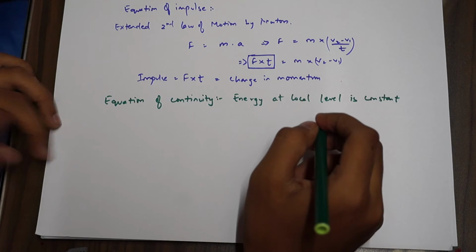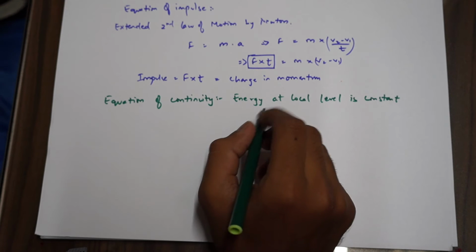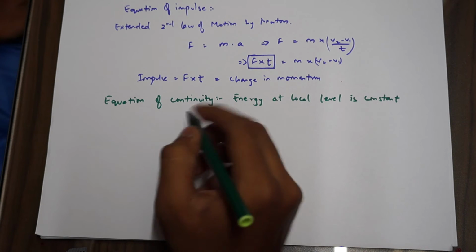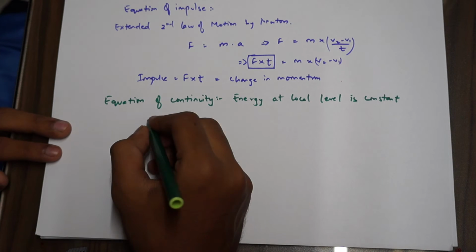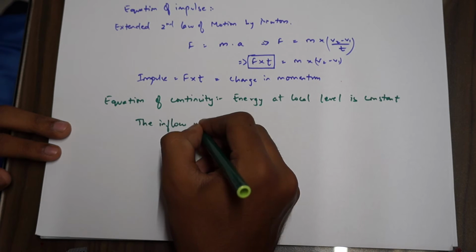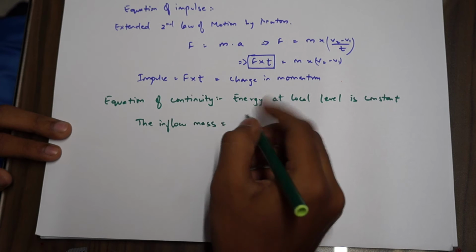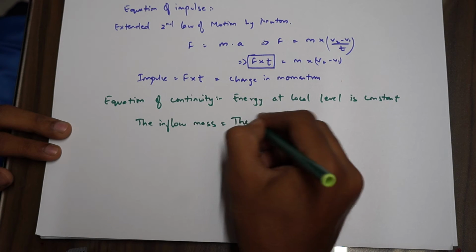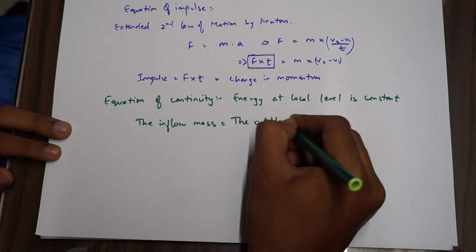Energy is anyways universally constant, but continuity is just energy at local level is constant. And the principle is that the inflow mass equals the outflow mass.